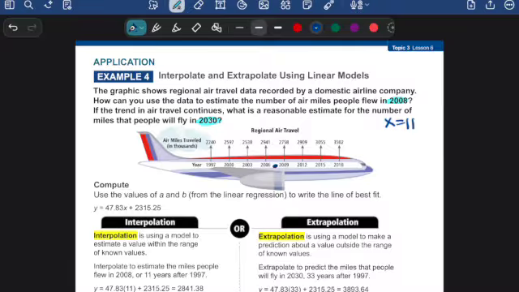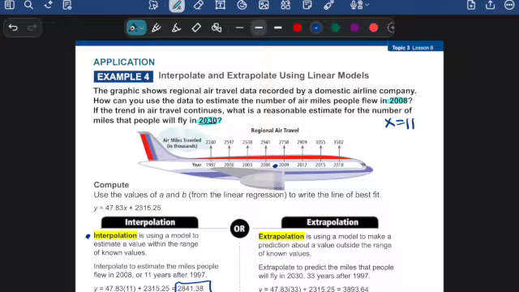So this is called an interpolation when it is within the data set. The prediction, the unknown value, is going to still fit inside our given data set. And if we plug in 11 into our best fit equation, we would get our predicted y value of 2,841.38 miles in the year 2008.